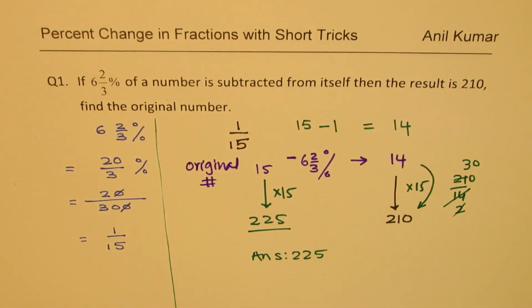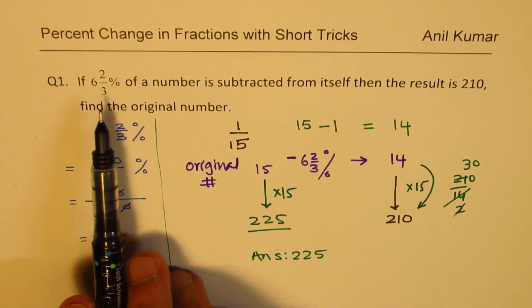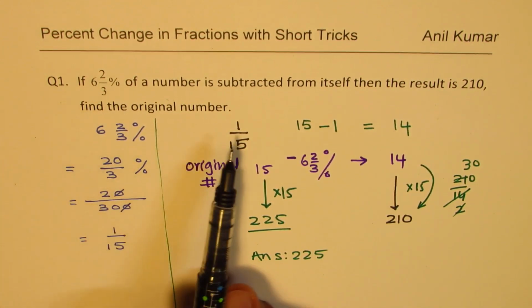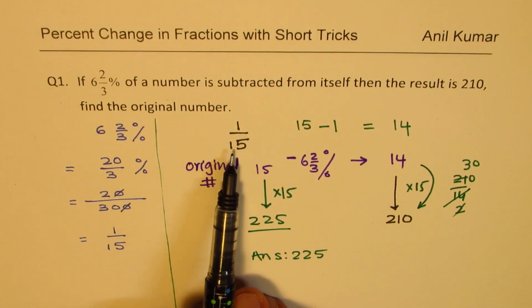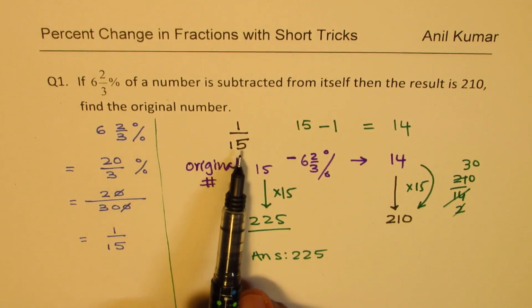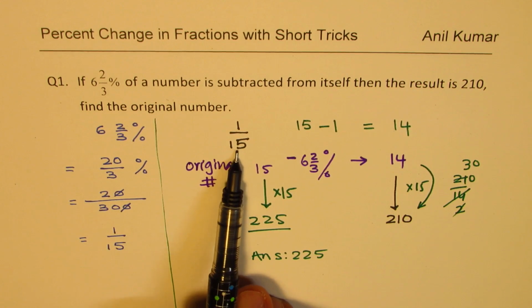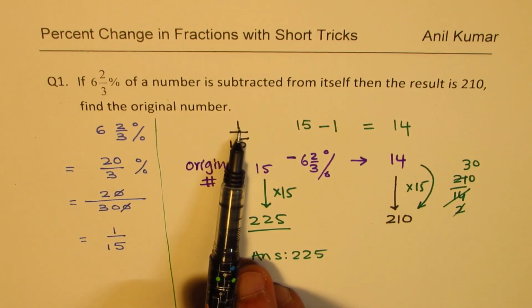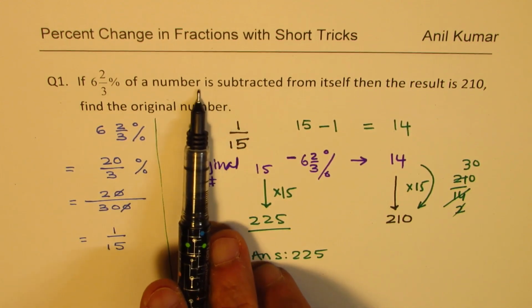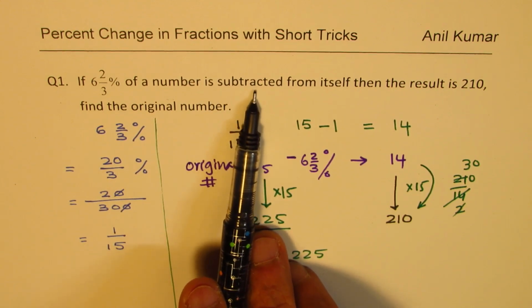Does it make sense to you? So what we did here was we converted 6 2 over 3% into a fraction, which is 1 over 15. 1 over 15 means that if the original number is 15, the change is 1. Now, since it was subtracted, the number decreases.